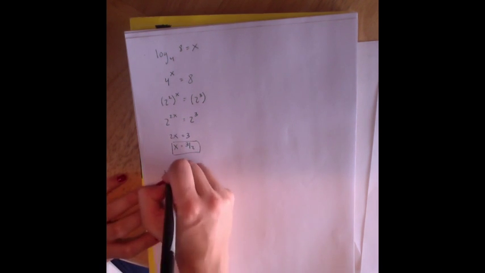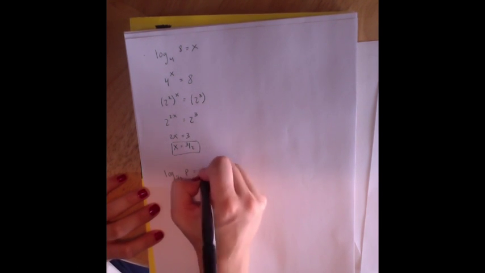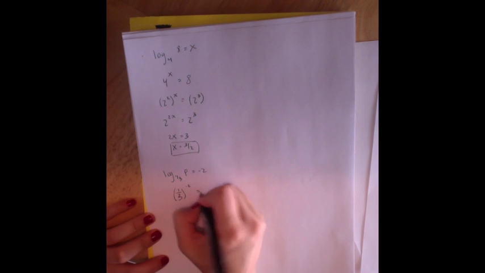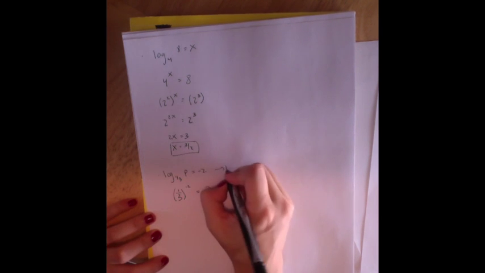Let's do one more. The log base 1/3 of p equals negative 2. So 1/3 to the negative 2 equals p. That's the exponential form. This is the logarithmic.